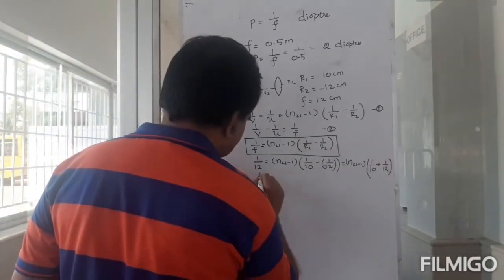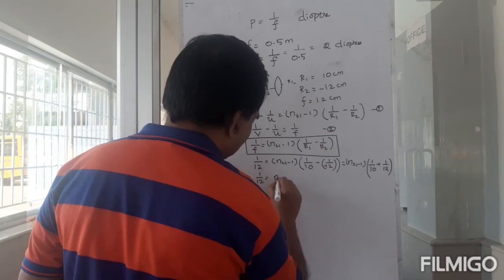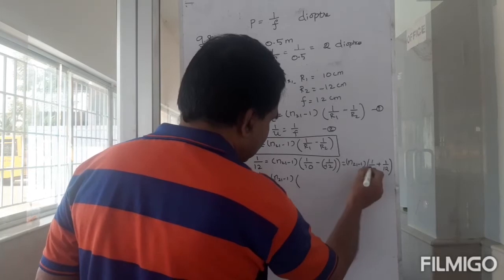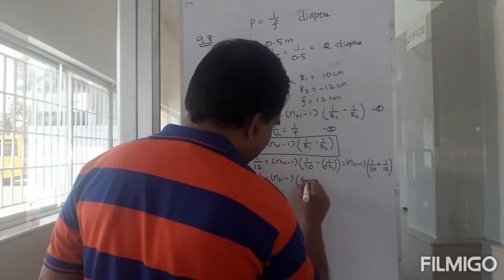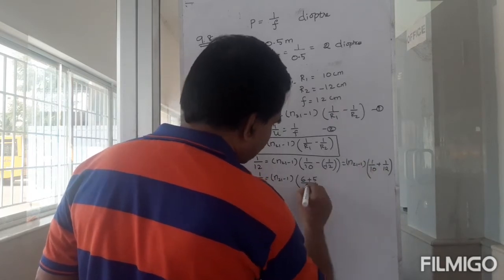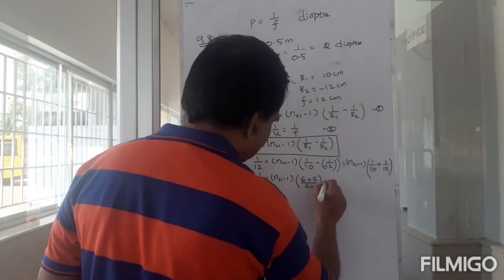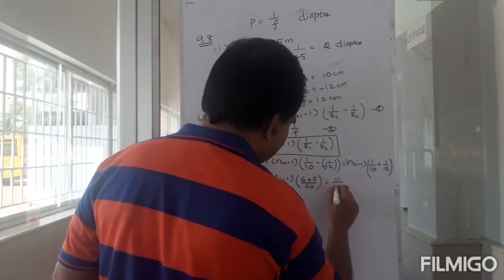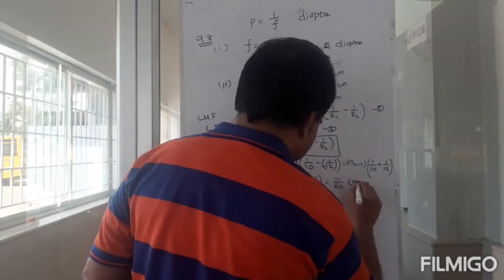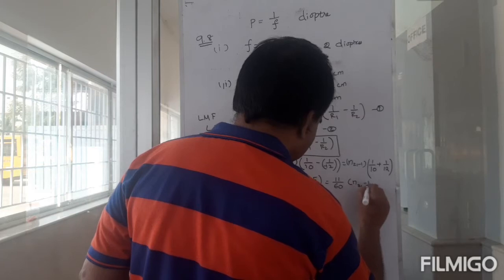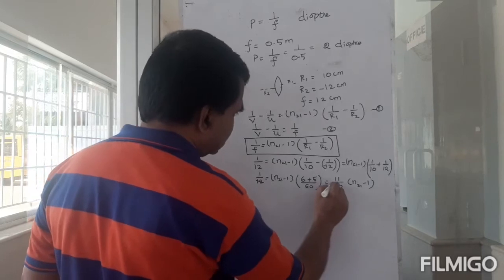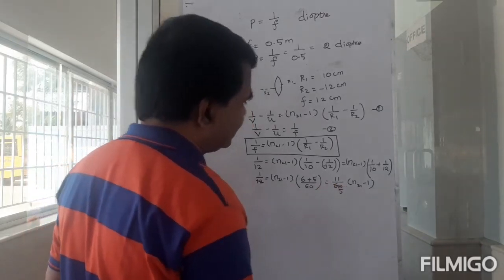So 1 by 12 is equal to (n21 minus 1) into (6 plus 5) by 60. So that is equal to 11 by 60 into (n21 minus 1). Okay, so this will go and I will get 5 here.